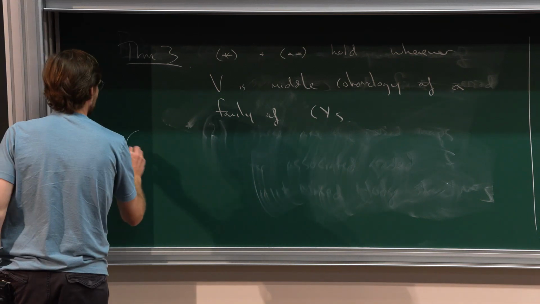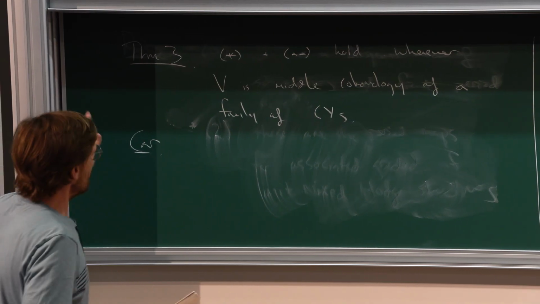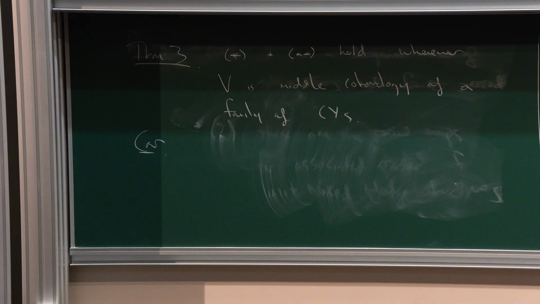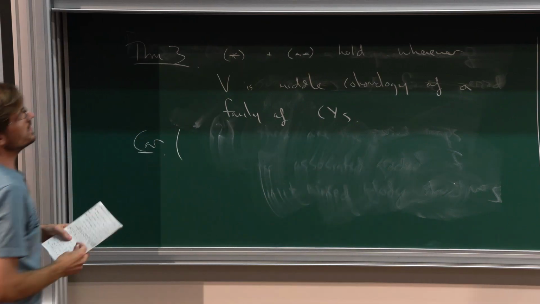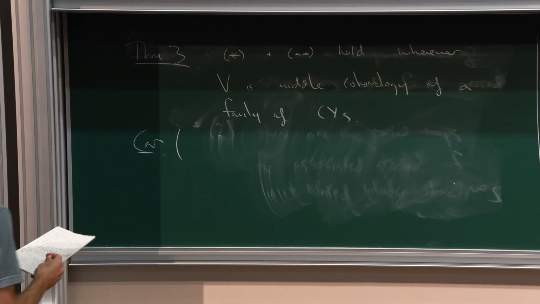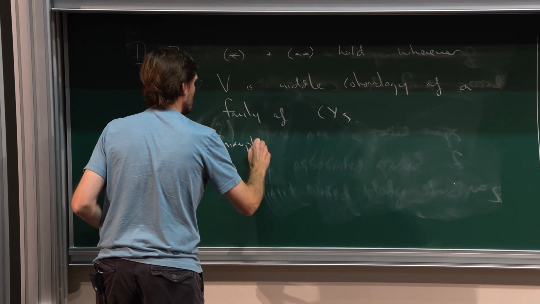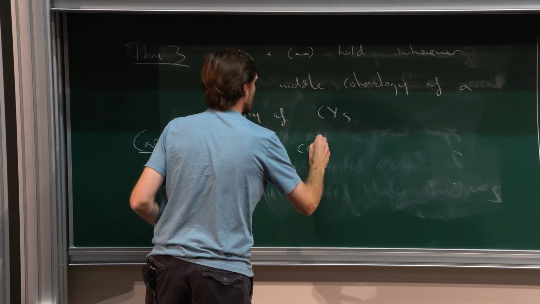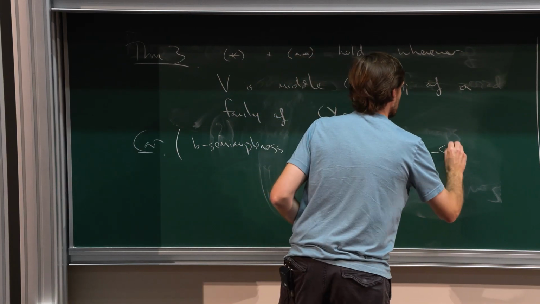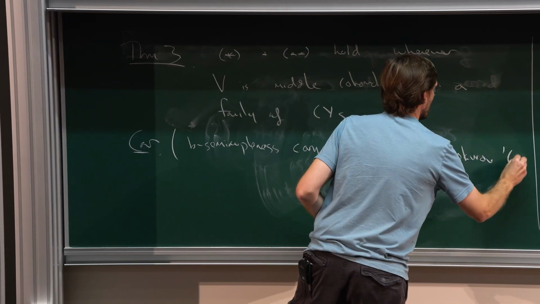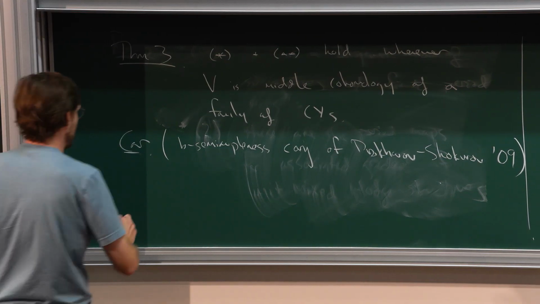But I also wanted to go on this brief walk in the garden because I wanted to mention a corollary, which is an important result for the minimal model program: theorem 3, together with theorem 2, resolves the b-semiampleness conjecture of Prokhorov and Shokurov from 2009.